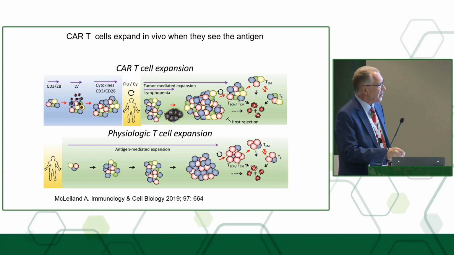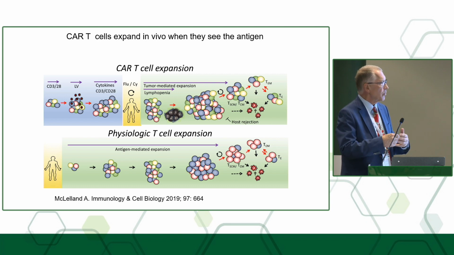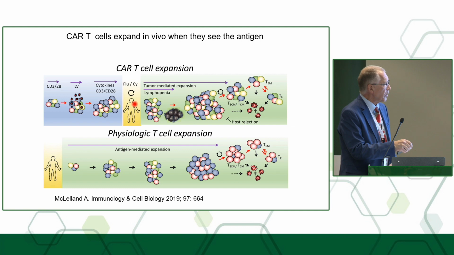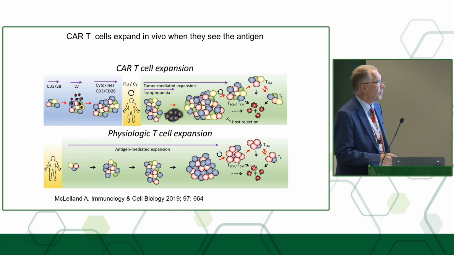Then when these T cells come in, they come into a milieu where the body wants to replenish the T cells which have been made lymphopenic, so they stimulate better. Without this pre-treatment, I think the CAR T cells will not work very well, or not as well as we see it.